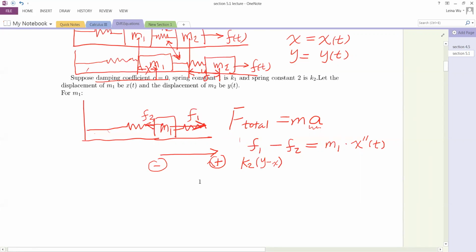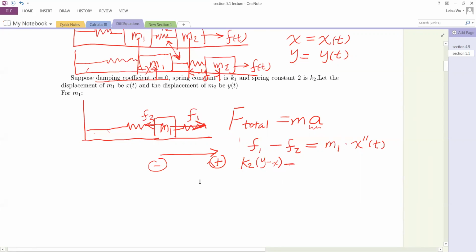That's going to be the total length that the spring number 2 has been stretched. Make sense? Yeah. Okay. So it's K2, open parentheses, y minus x, subtract F2.